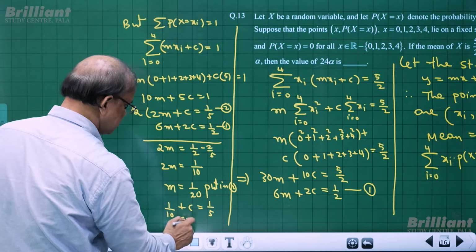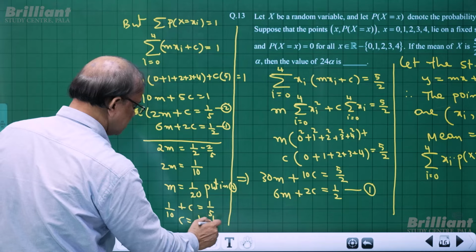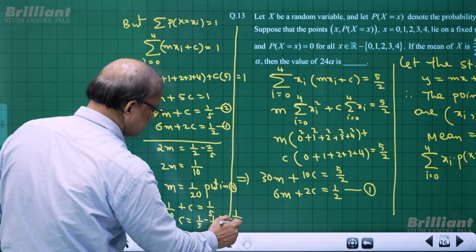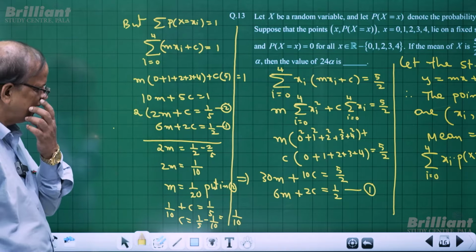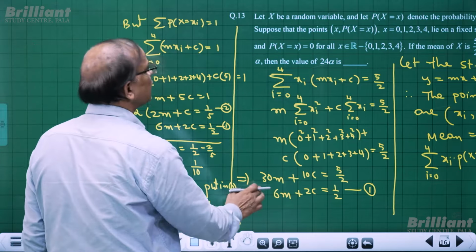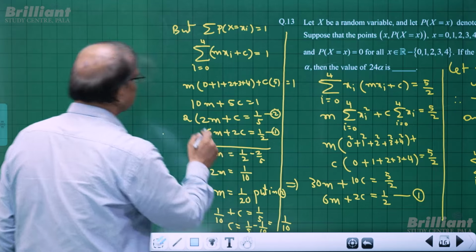So c is equal to 1 by 5 minus 1 by 10, that is 2 minus 1, 1 by 10. c is equal to 1 by 10, m is 1 by 20. Now we have to find the variance.